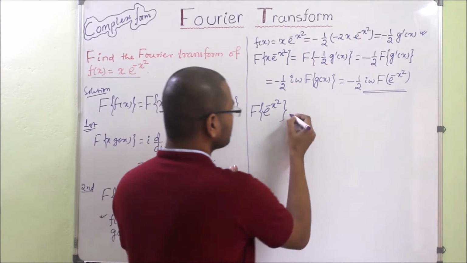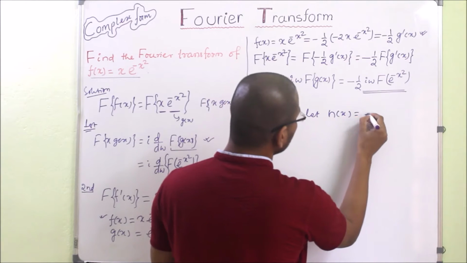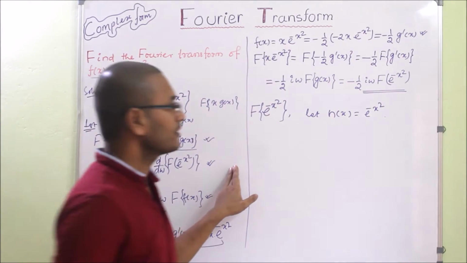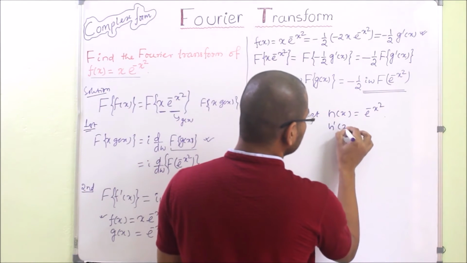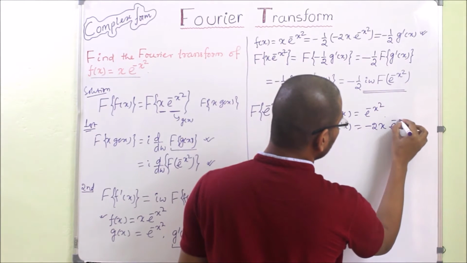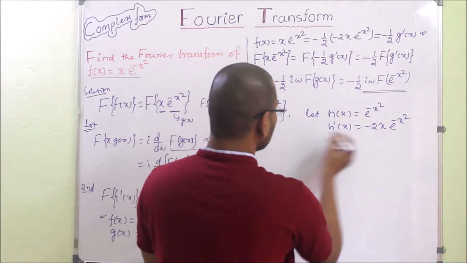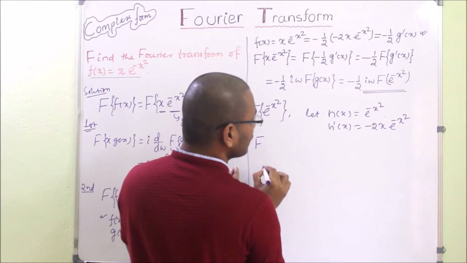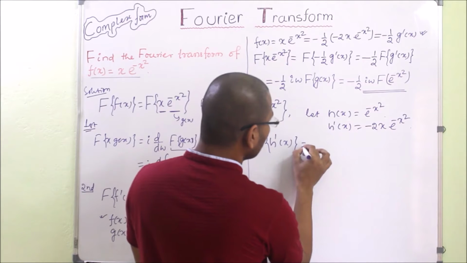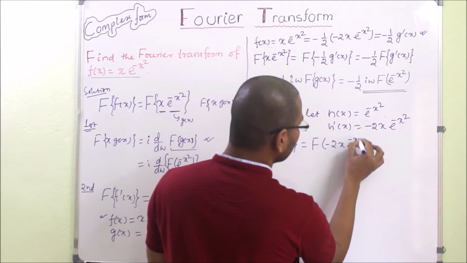How to do it? Let some function h of x equal e to the power minus x square. Then h dash x is the same, minus 2x e to the power minus x square.